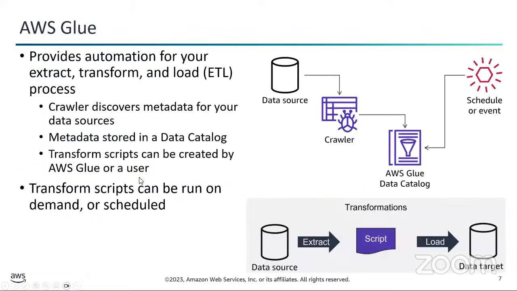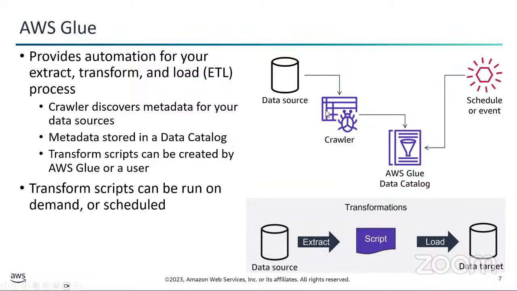So AWS Glue, as I mentioned, is an AWS service that provides automation for your ETL, extract, transform, and load process, using crawlers. So you have a data source, which could be anywhere, a website or a database.